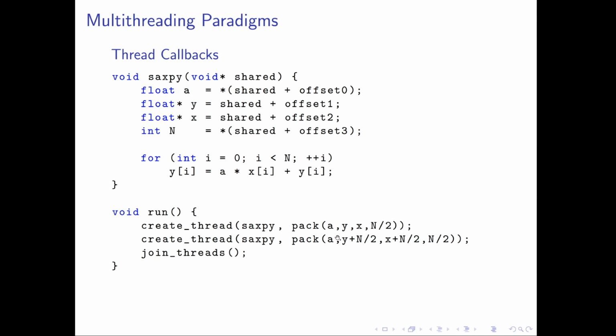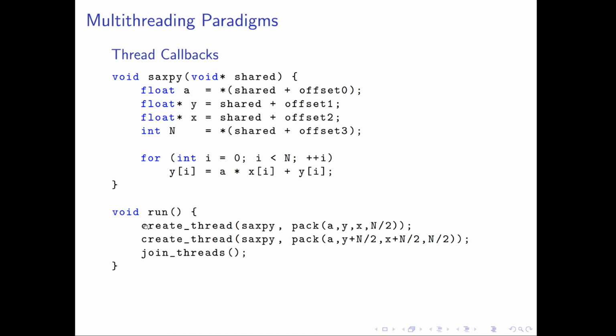And then I'm also taking care of offsets. For instance, the first thread is passed a pointer to this array y here, and the second thread is passed a pointer to the array y, but with an offset of n over 2, because it's only processing half of the actual data.